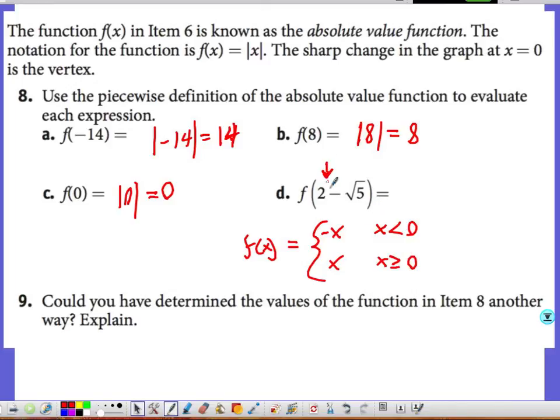We have to figure out 2 minus square root of 5. Is that a positive number or a negative number? You may have to use a calculator, but in this case it seems to be a negative number. So you plug it into this one, you have that negative in front of it, and then this negative gets distributed, and you come out with negative 2 plus the square root of 5, and so that's why it came out with that answer.